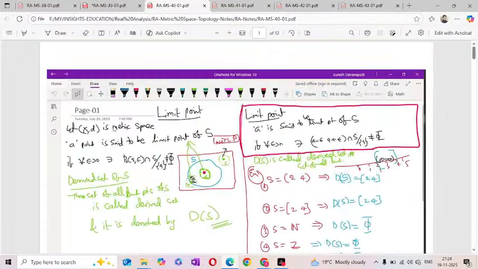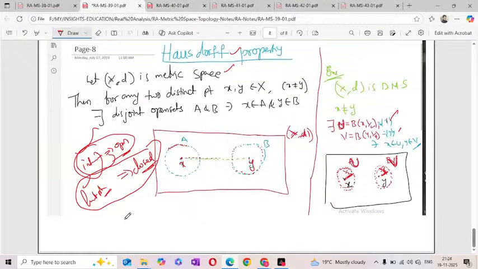Now, what is the definition of the interior point? Suppose around a point a we form an open ball or open interval. If this open ball or open interval is totally inside S, then this small a we call the interior point.